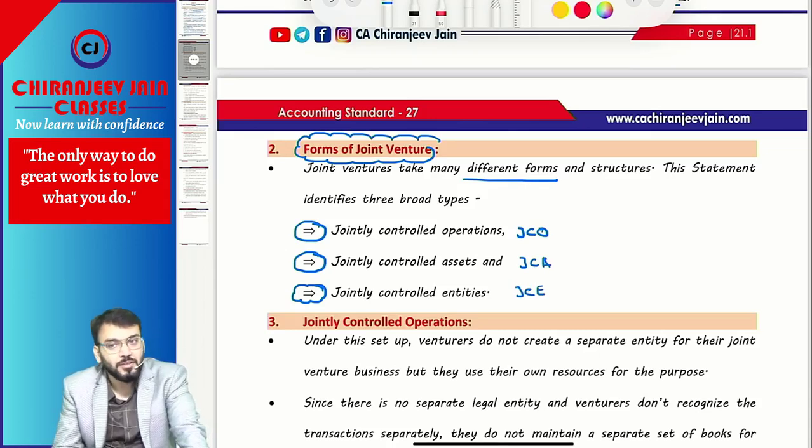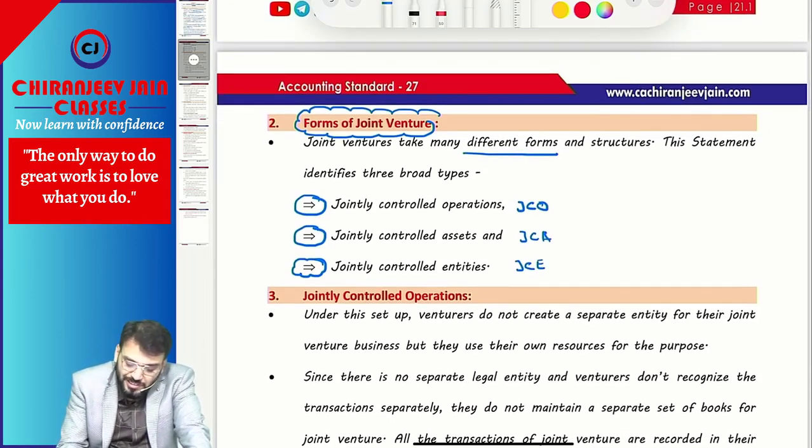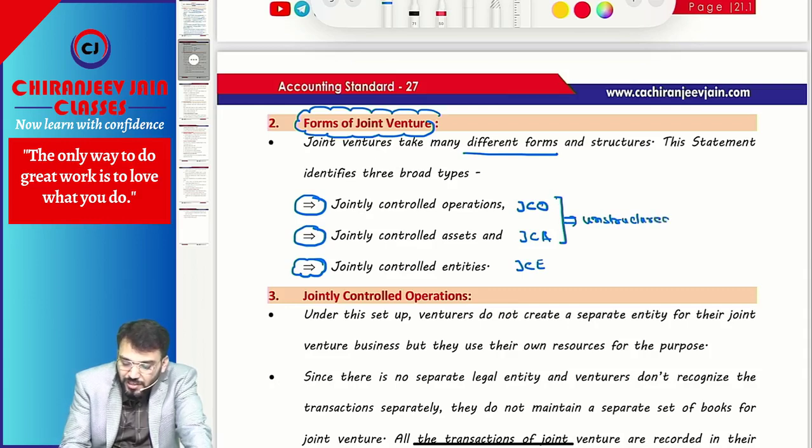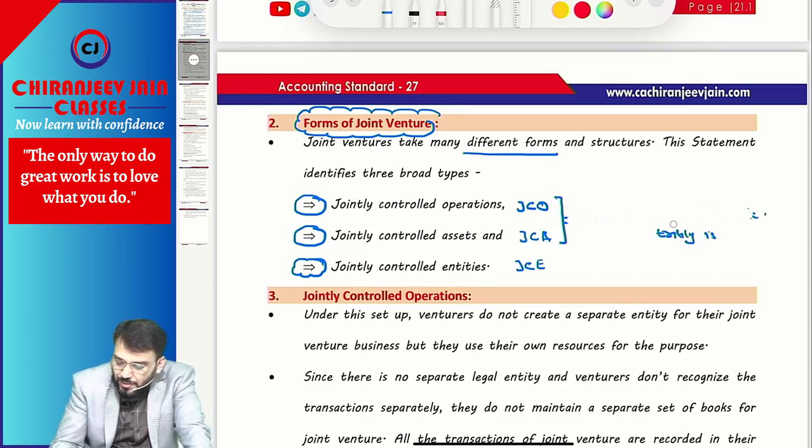Correct. Normally JCO and JCA are unstructured. Unstructured means a separate entity is not created. Understood what I am saying?